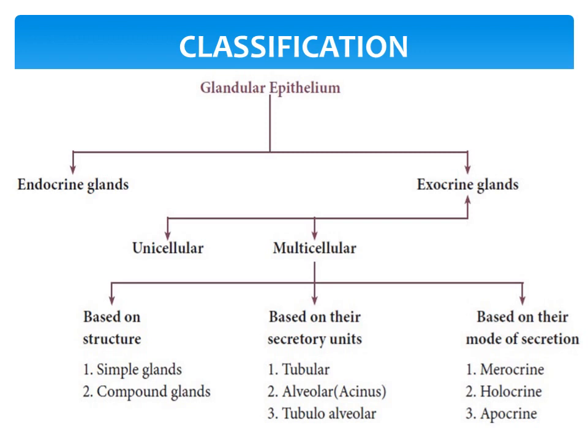It is classified as merocrine, holocrine, and apocrine. So this is the classification of glandular epithelium. Hope you understood what glandular epithelium is first of all, and this is its classification. Right? Whatever classification is given here, we are going to discuss in detail in the further class. Understand? Let us see one by one.